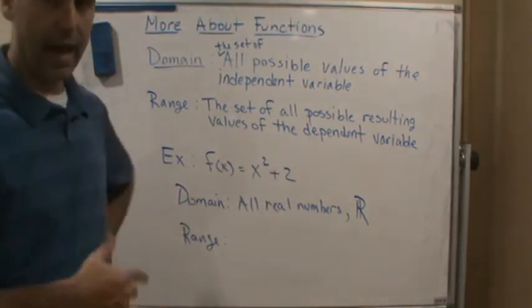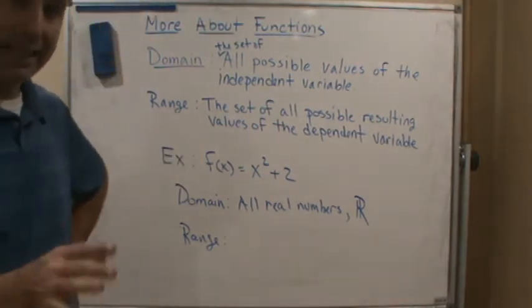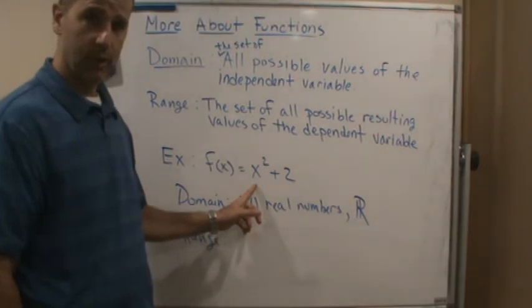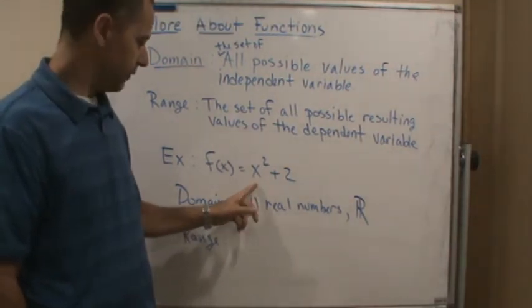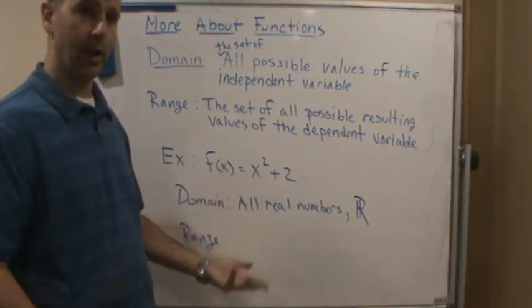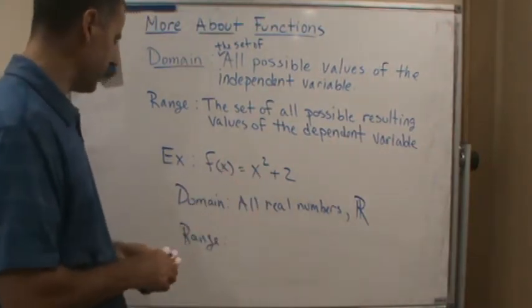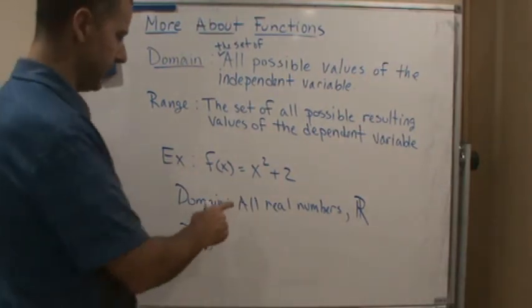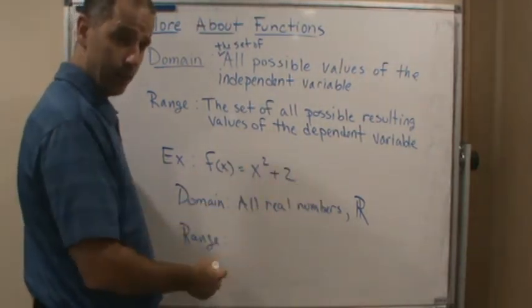So it seems like I will not get any negative numbers. There's no way to get a negative number out of this function, because every single number I put in here, it squares it, and all squared numbers are positive. So that means the range is all non-negative values, which means 0 and all positive values.